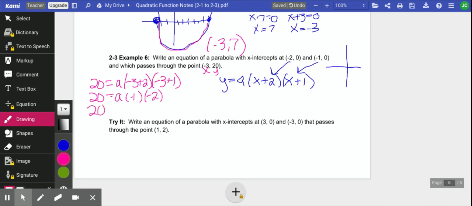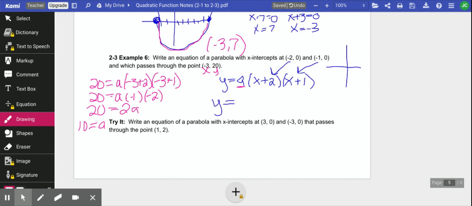All right, so we get 20 equals a times -1 times -2, which is +2. And so when we divide, we get a equals 10. Okay, so now we're going to come back, plug that right in there. Our answer is y equals 10(x plus 2)(x plus 1). Here's our answer.